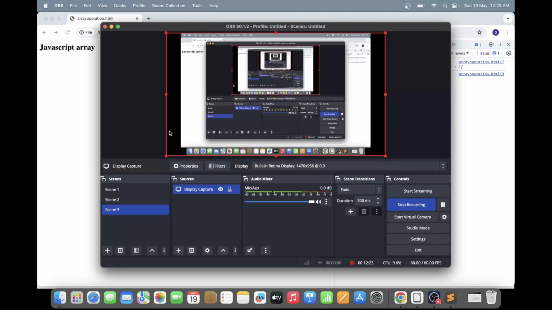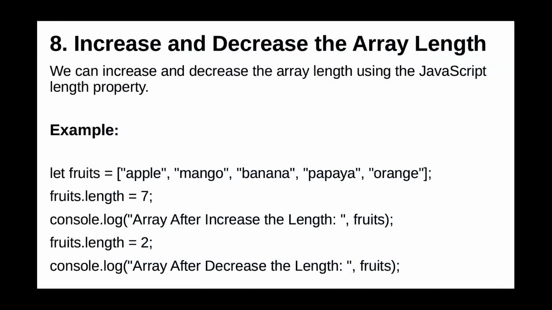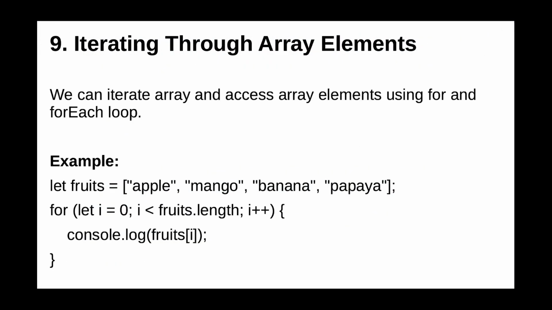So next is iterating through array elements. We can iterate array and access array elements using for and for each loop. So this is the example of for loop, how to iterate array elements.